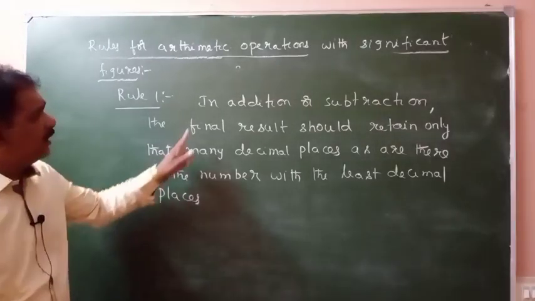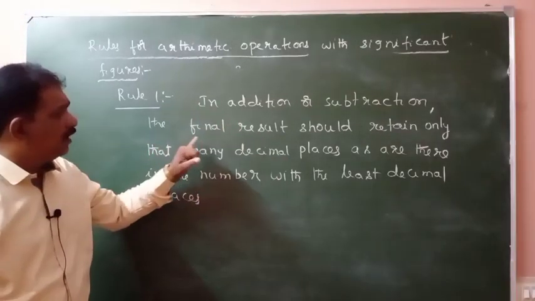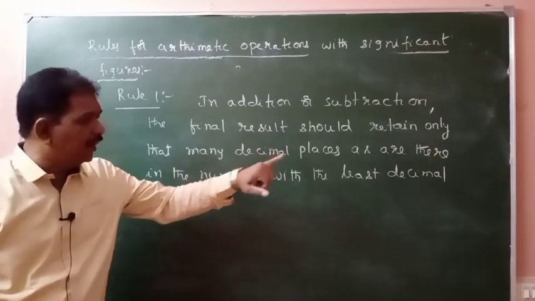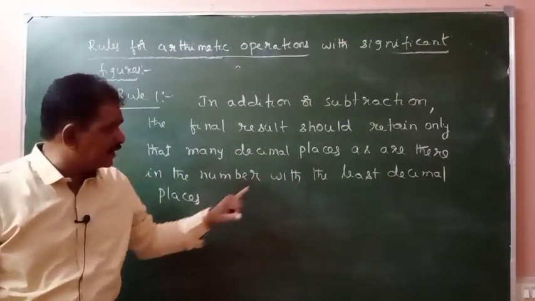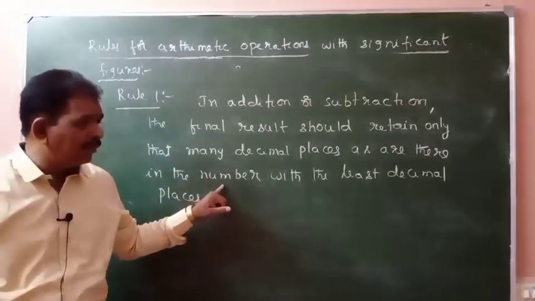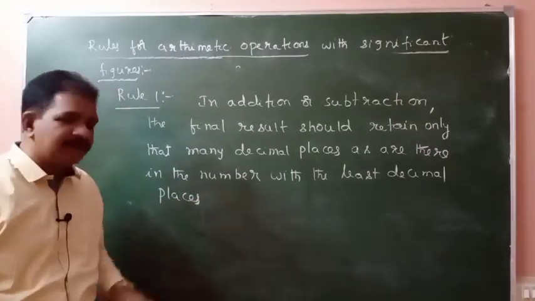So in addition or subtraction, the final result should retain only that many decimal places as are there in the number with least decimal places.